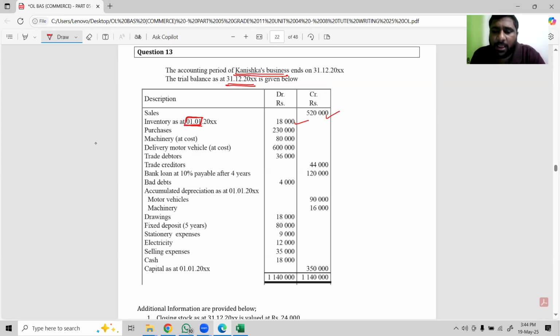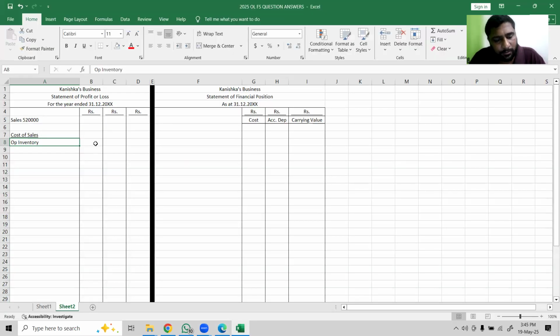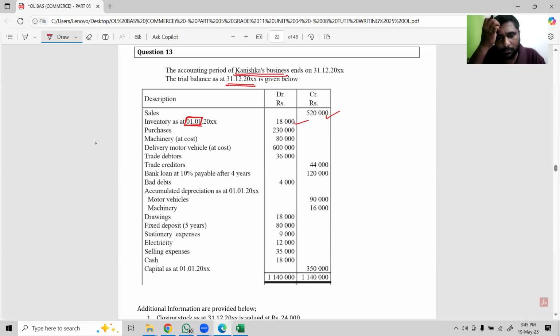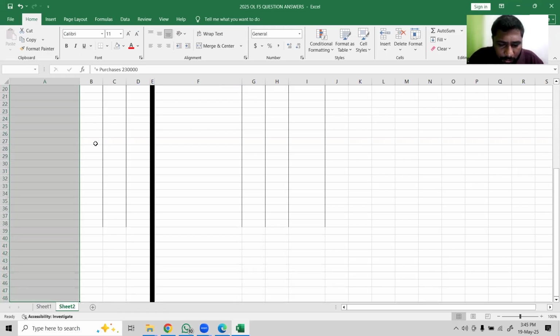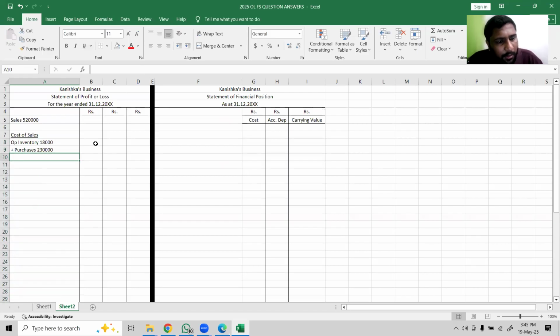So opening inventory 18,000. Then purchases 230,000.